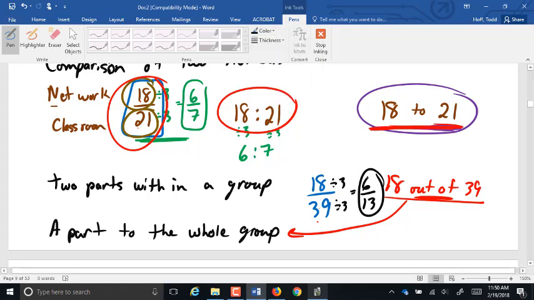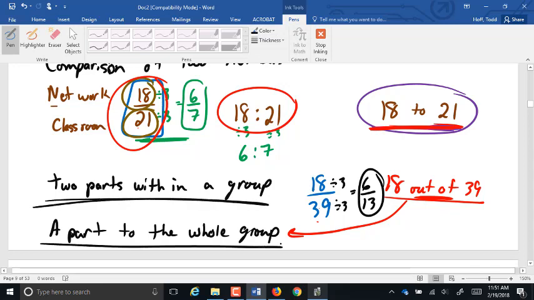That process of working with ratios like that, the difference between comparing two parts within a group and comparing one part to the whole group, is huge when we do our dosage calculations in the next unit. A dilution is totally a ratio, but it's that second type of ratio where it's a part to the whole.